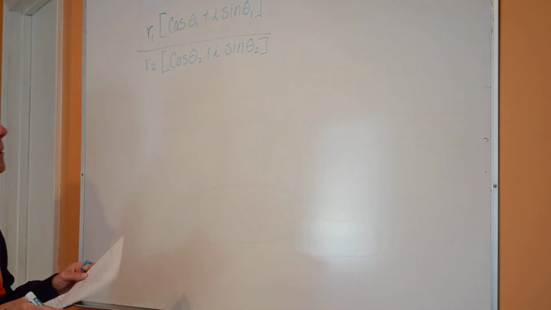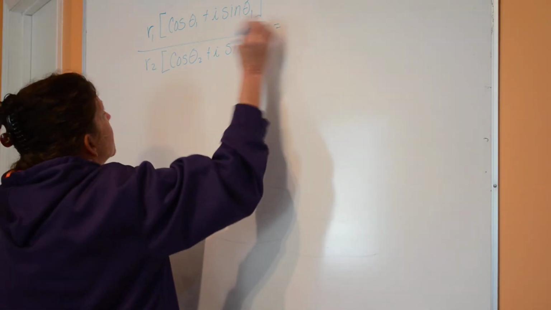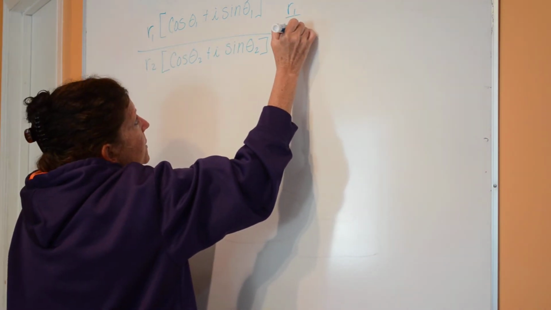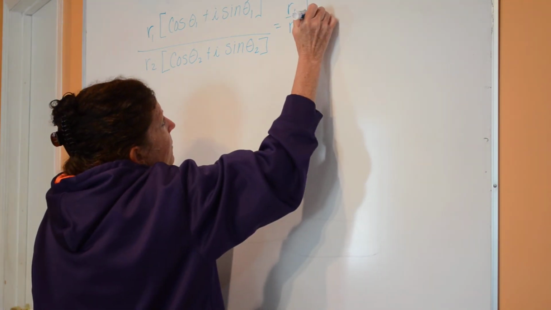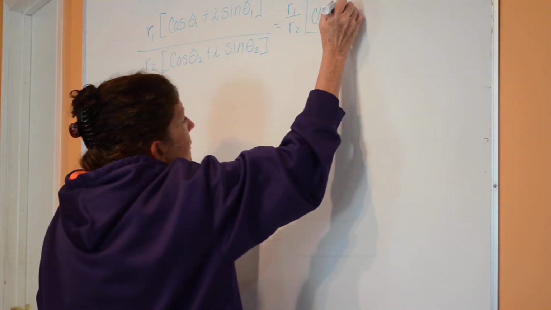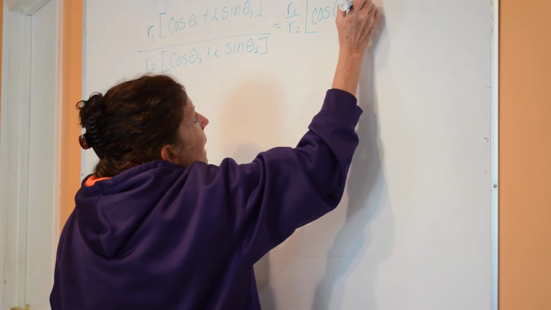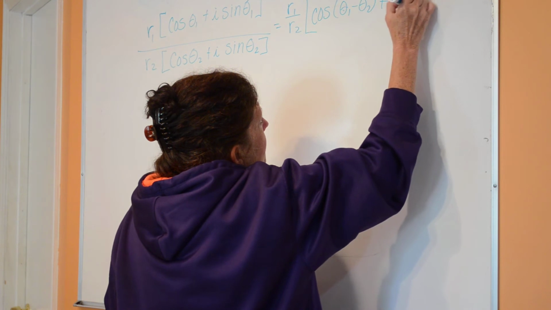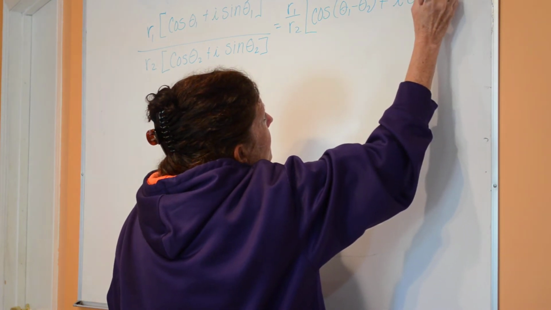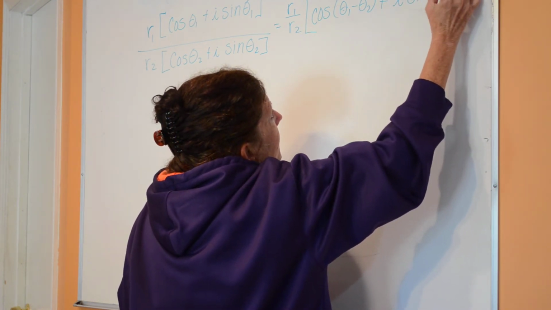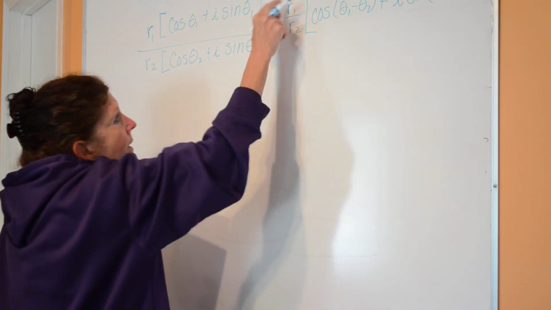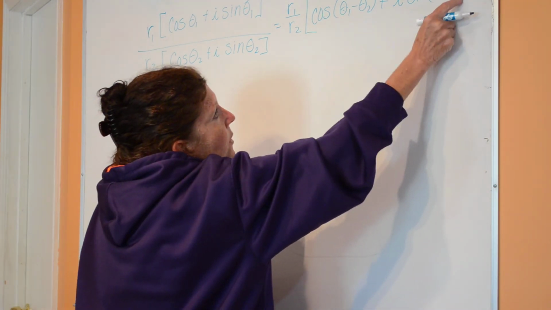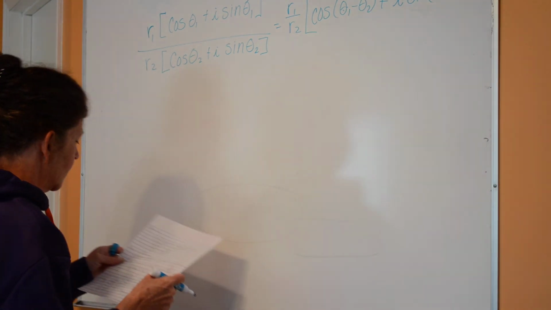All right, so the formula says I divide those two r's and multiply by the cosine of theta sub 1 minus theta sub 2 plus i times the sine of theta sub 1 minus theta sub 2. So it's the same thing except the r's are divided rather than multiplied, and the angles are subtracted rather than added. So let's do one of these.